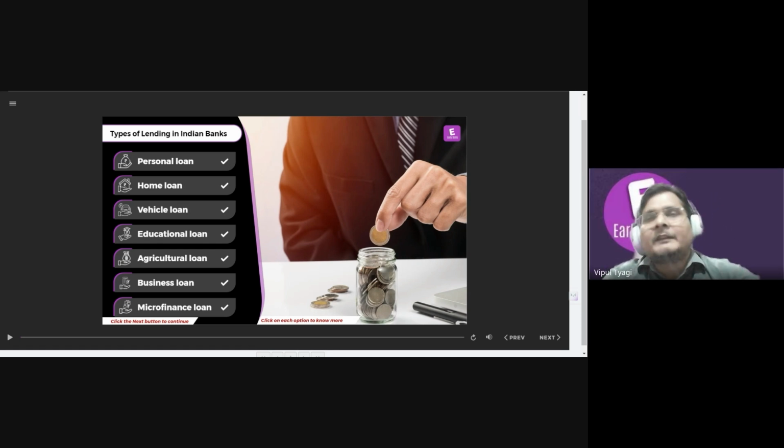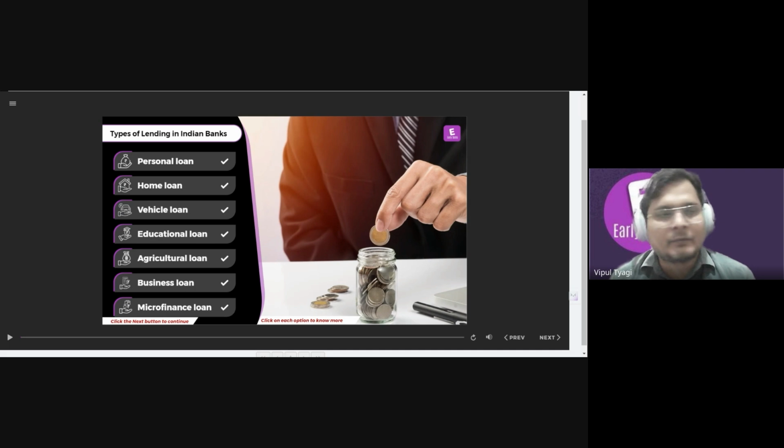There are different types of businesses. Suppose you have received an order from China to deliver a certain type of product. For that you need to purchase some raw material first, and for that raw material you need 1 crore rupees. What are you going to do?